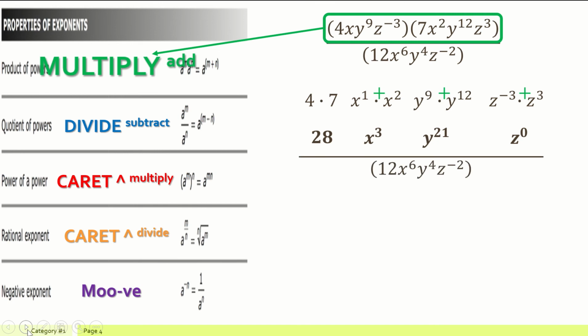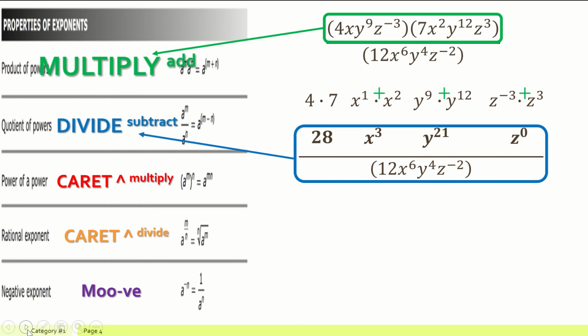So now that our numerator is simplified, we would then go ahead and bring down our denominator, which now we are going to be applying the division law, our blue law. It tells us when we are dividing like bases, exponentials, we are able to subtract exponents.